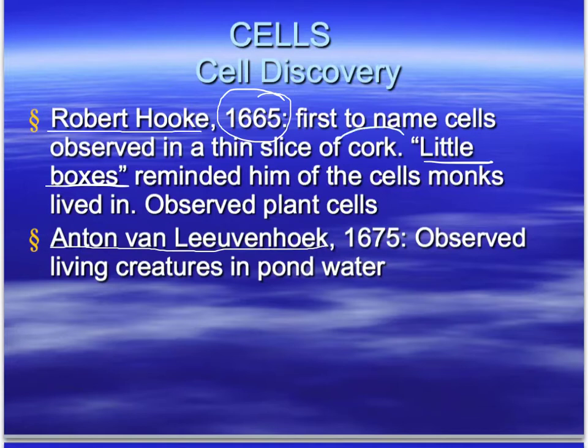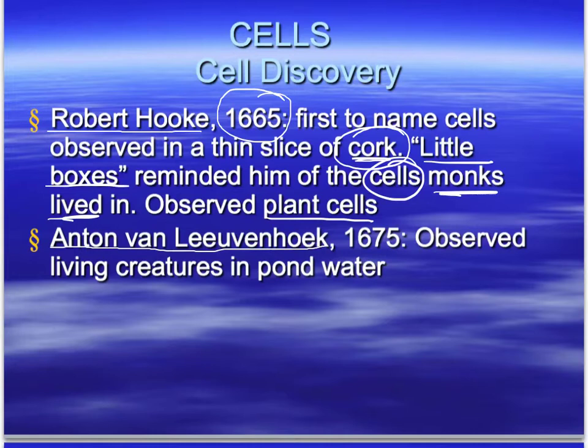He observed these little boxes in cork. Okay, so he was looking at plants. He noticed that in this cork there were these little boxes, and it reminded him of the places that monks lived, and those were called cells. So that's where the name came from, and that was again observed in plant cells.